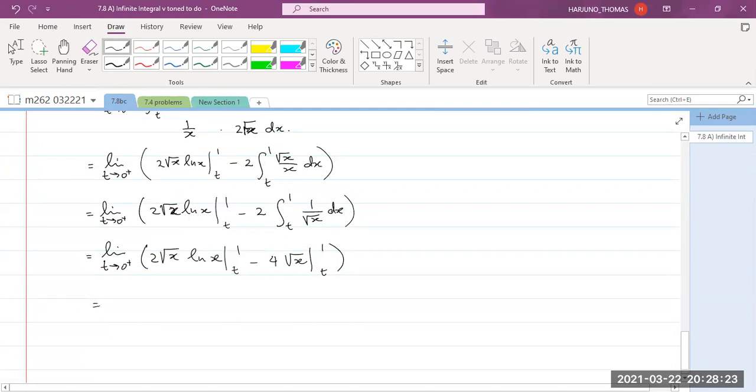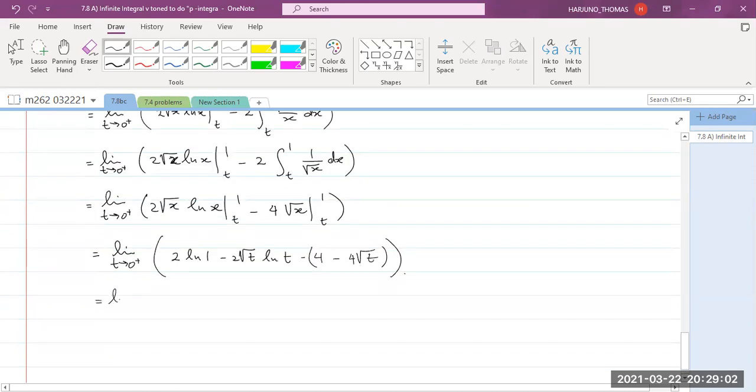Now plug in numbers. So 2 radical 1 ln 1 minus 2 radical t ln t, as t goes to 0 positive. Ooh, wow, that's ugly. Minus 4 minus 4 radical t. This is 0.